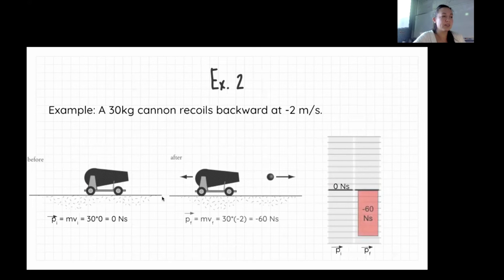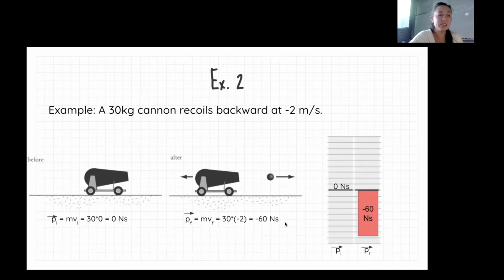But afterwards, the momentum is -60. Since I'm dealing with just the cannon, the fact that the ball goes forward is a distractor, and does not help in this problem. The cannon is 30 kilograms, and its final velocity is -2 meters per second. So its new momentum is -60 Newton seconds.